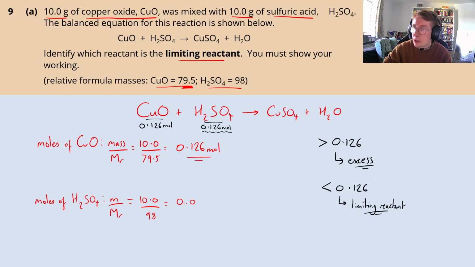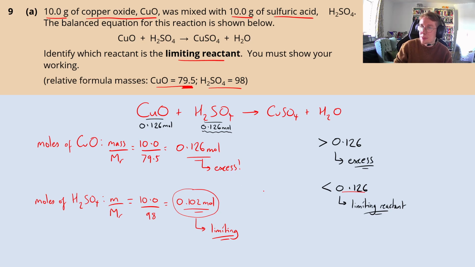You get an answer of 0.102 moles. Sorry, I was looking at the wrong question. And you'll notice that this number here is lower than 0.126. So that means that this is our limiting reagent or reactant, and this one, the copper oxide, is in excess.